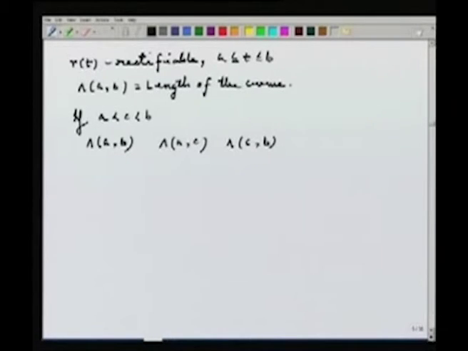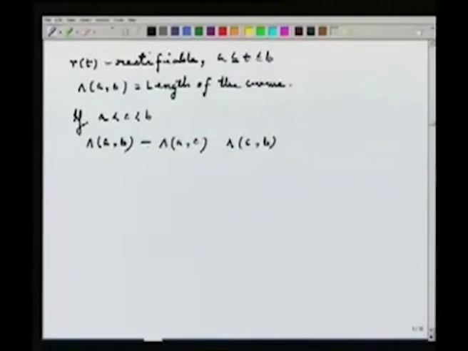When the parameter ranges from a to b, the length of the curve is lambda AB. When the parameter ranges from a to c, the length is lambda AC. And when the parameter varies from c to b, the length is lambda CB. Well, the relation is that lambda AB is equal to lambda AC plus lambda CB.